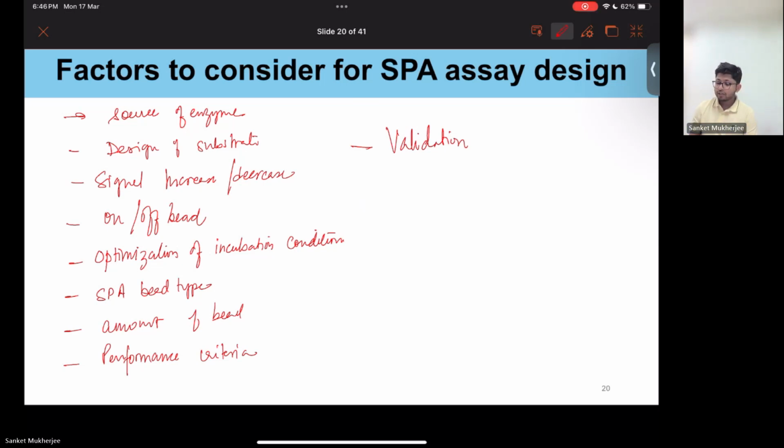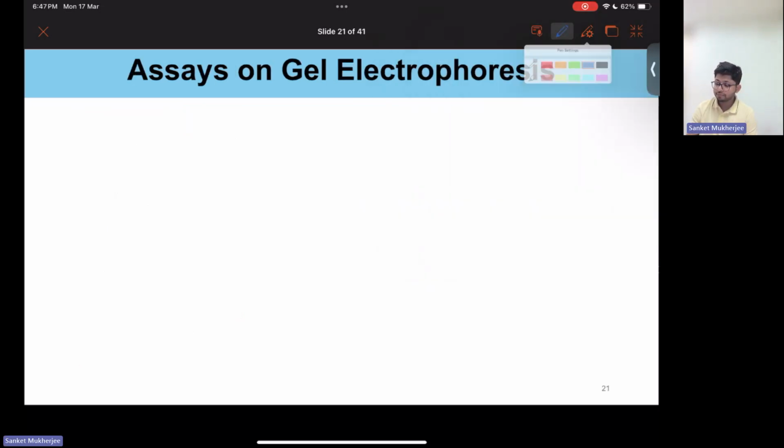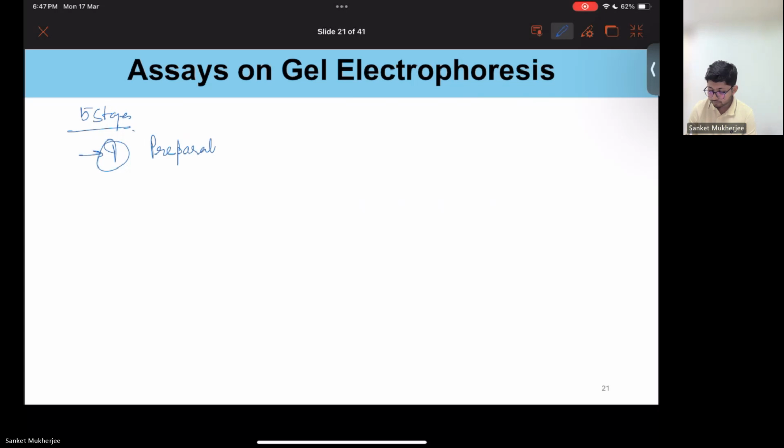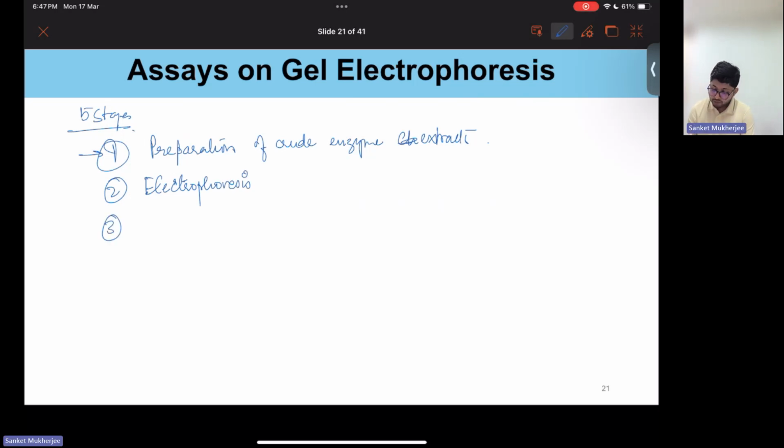Fine. Now there could be assays on gel electrophoresis. So there are 5 stages to this. The first one is preparation of crude enzyme extract. Then electrophoresis. Enzyme visualization.